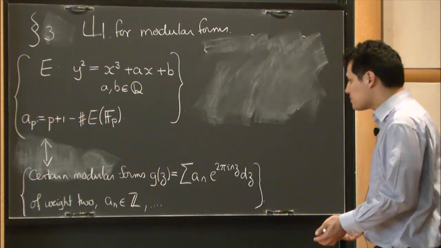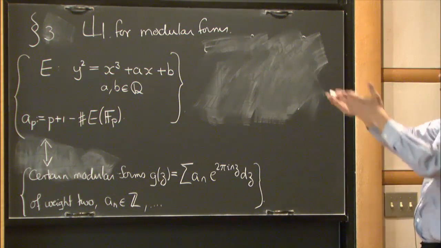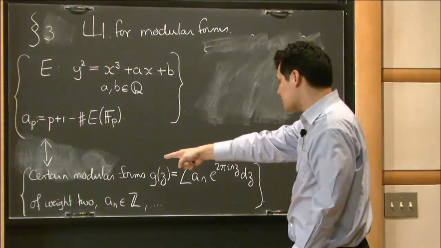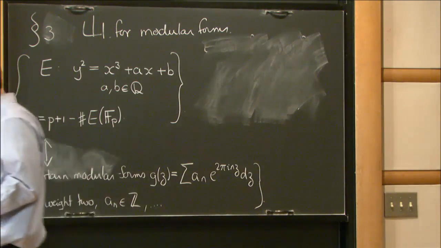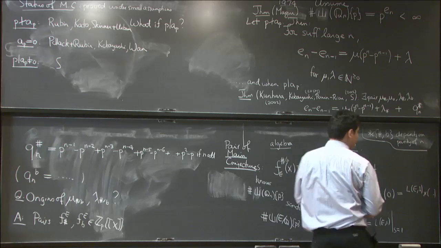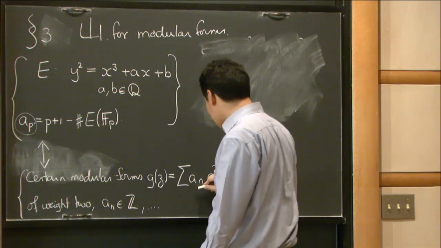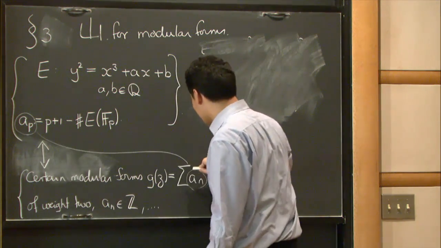And now we've played this game with elliptic curves. We've estimated the size of Sha for elliptic curves, but you can equally estimate the size of Sha for modular forms. Let's step back a little bit. I'd like to point out that this A_P here corresponds exactly to the P-th Fourier coefficient here.